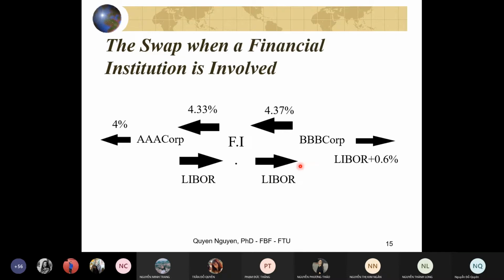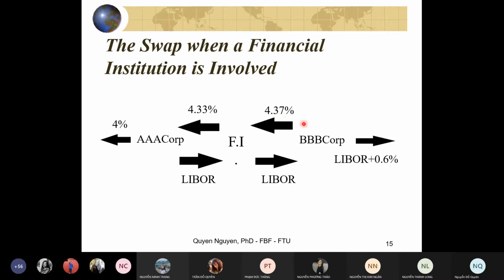And if they get the help of the financial institution, then obviously the financial institution will lie in between, and in this case, it will get 0.04% as the commission, right?